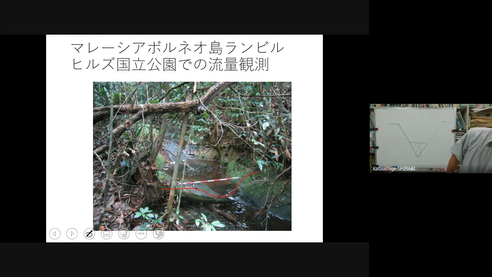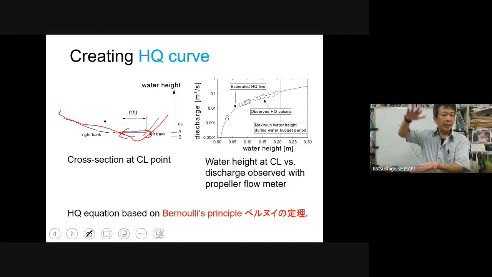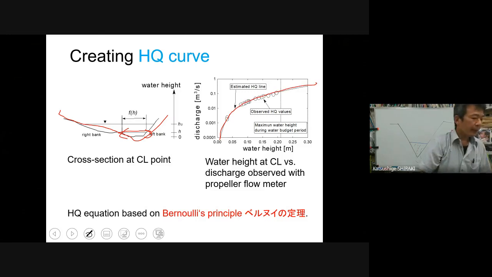So I made the HQ curve with the shape of the riverbed, and if we can check the shape of the riverbed and the weir height, then we can calculate the hydraulic equation of the HQ. This line is the HQ, and I also observed with the propeller current meter.